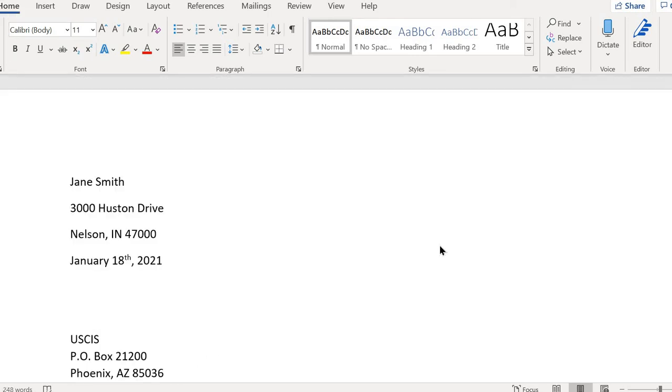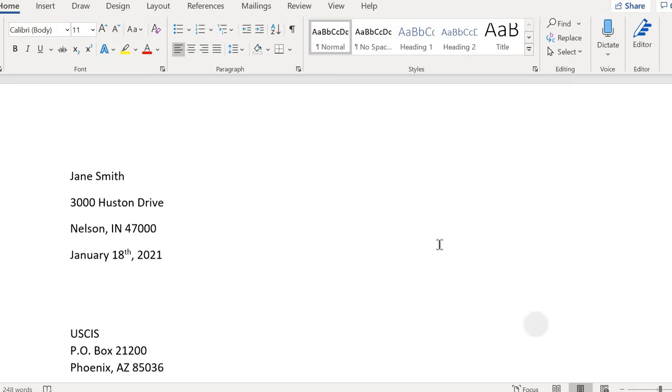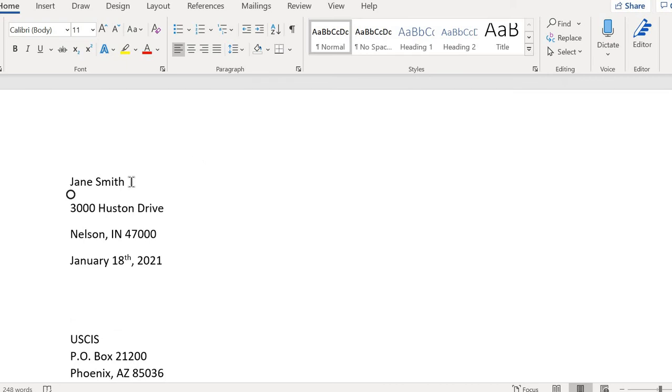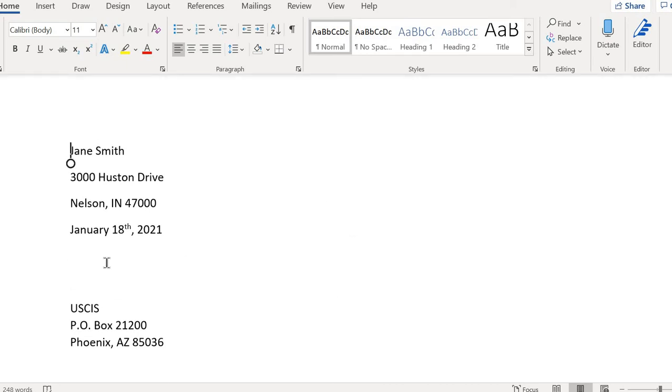So here is the example of affidavits, sworn affidavit. Now I just made up these names, so you should put on the top of this affidavit the name of the person who is signing and basically submitting this affidavit of support.